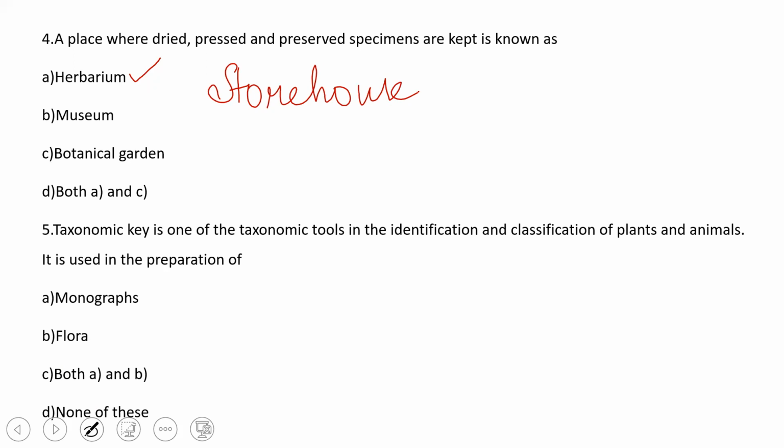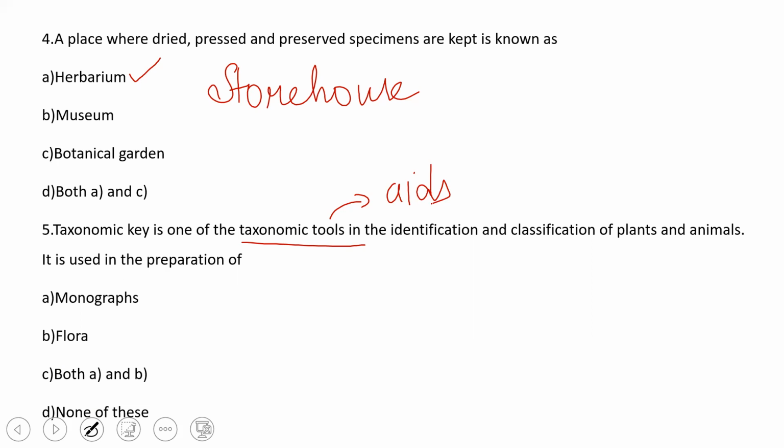Next question is taxonomic key. Taxonomic key is one of the taxonomic tools. We all know that taxonomic key is one of the taxonomic tools, and we can even call them taxonomic aids, which are used in identification and classification of plants and animals. So it is used in preparation of what?